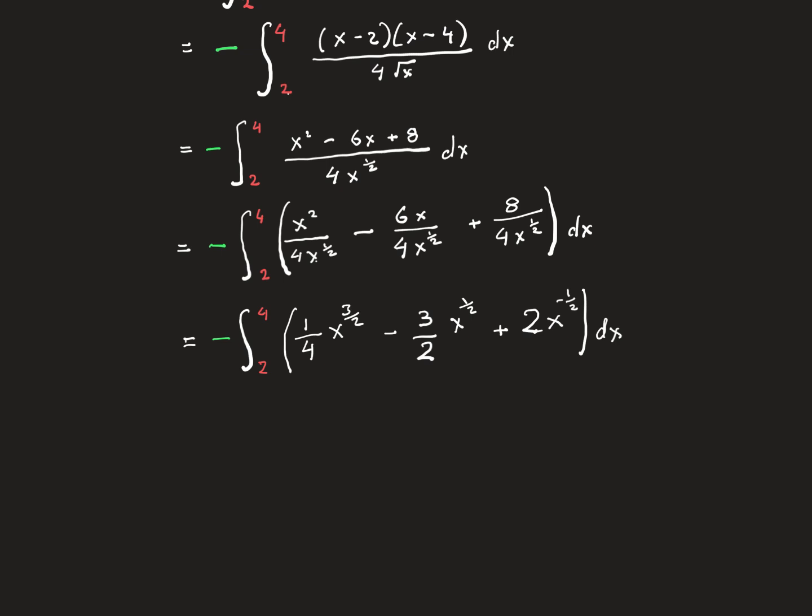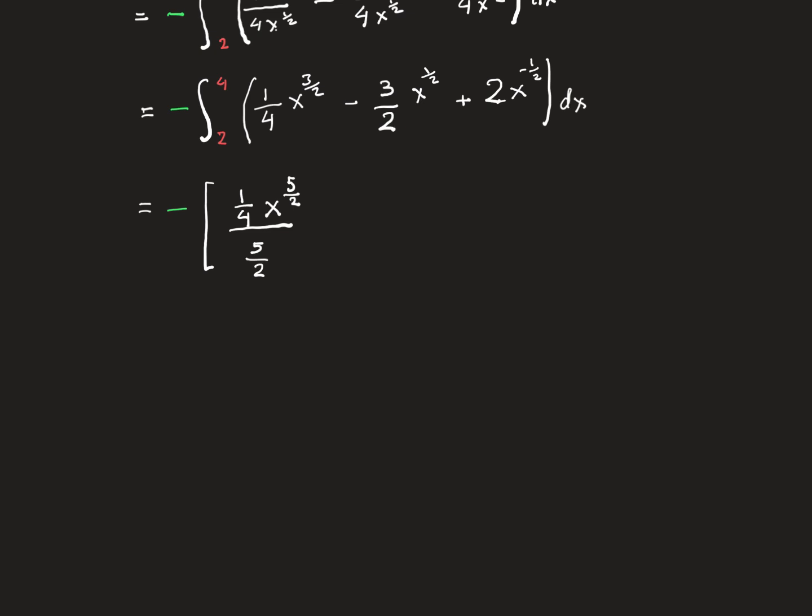And this is called a definite integral. We do not need to put a constant of integration because we're doing it in a boundary between 2 and 4. Now we don't need to use the integral sign anymore, but we just need to use square brackets. So we start integrating the first term. So it's a quarter x. We increase the power of 3 on 2 into 5 on 2, and we also now divide it by 5 on 2.